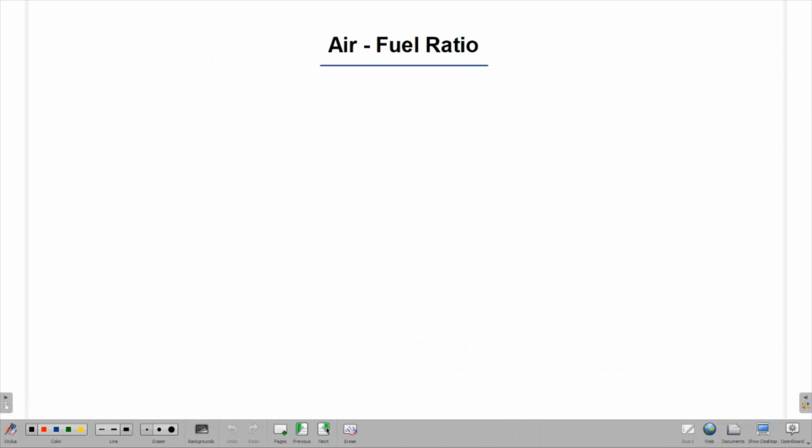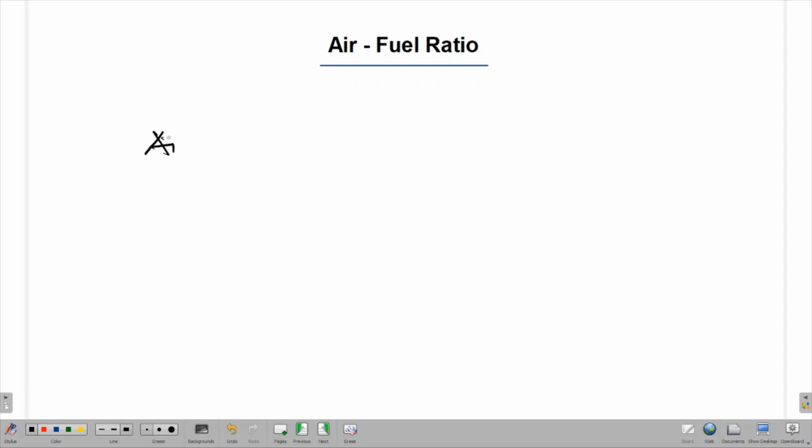Air-fuel ratio. This refers to the ratio of the quantity of air consumed in unit time to the quantity of fuel consumed in unit time.